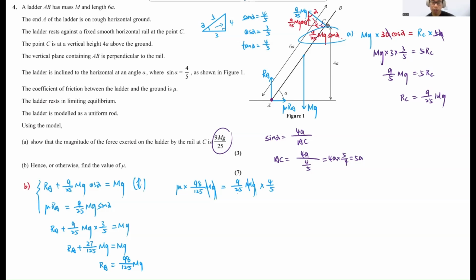And we know 25 times 5 is 125, so the 125 cancels out from both sides. Then we have 98 mu equal to 9 times 4, which is 36. Therefore mu is equal to 36/98. Clearly we can simplify this because they're both even numbers. If we put it in the calculator, it simplifies to 18/49. That will be our final answer.